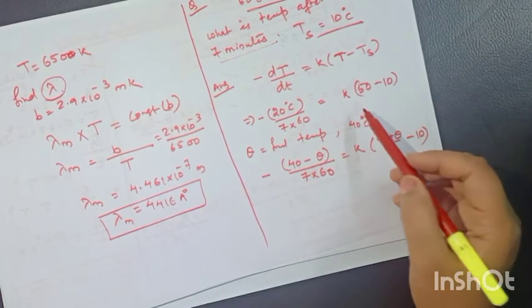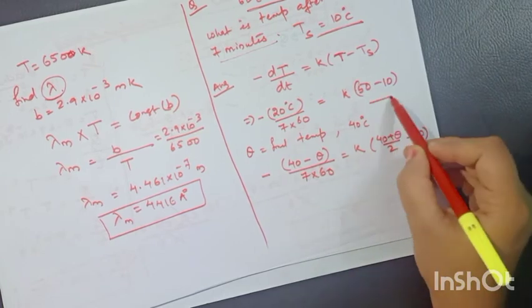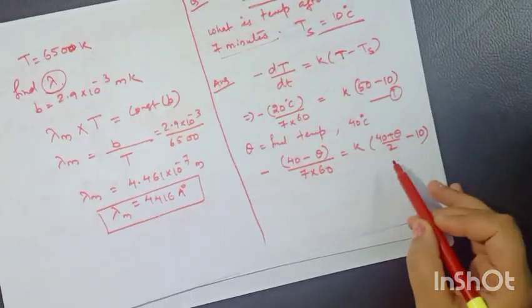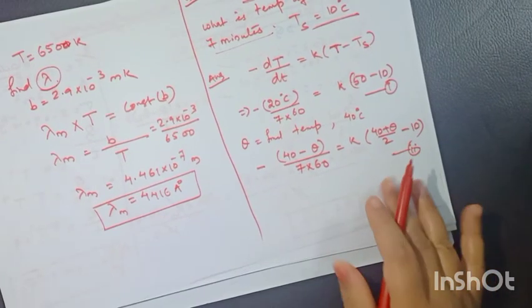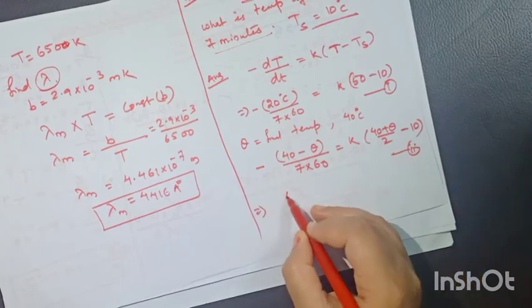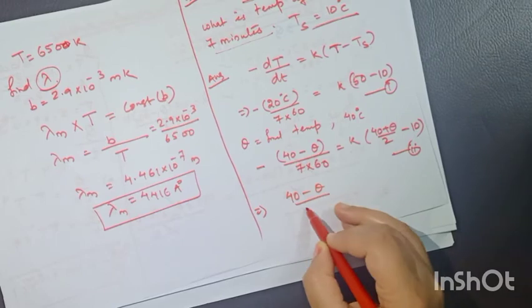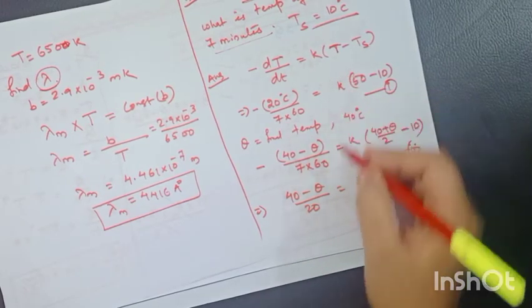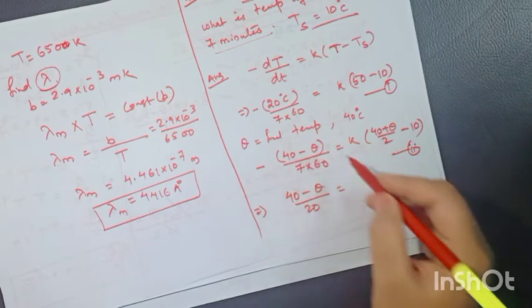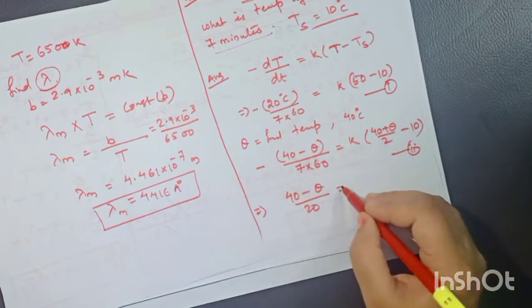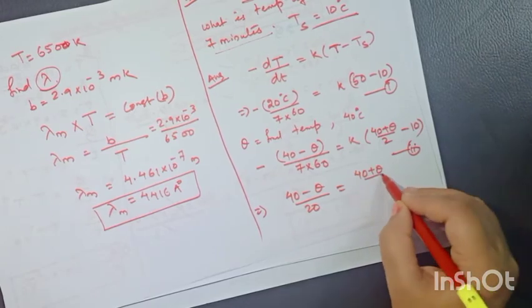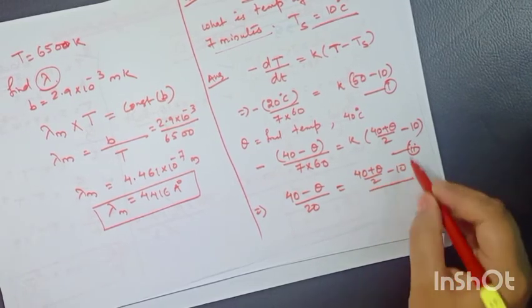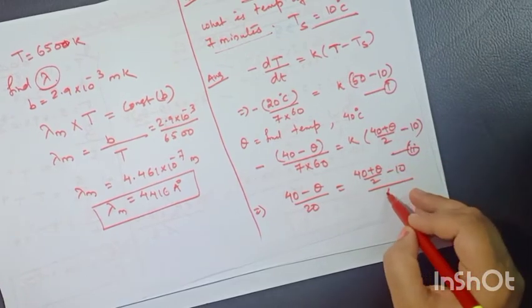So if we divide both the equations, equation number 1 and equation number 2, we will get many things cancelled. We will get 40 minus theta by 20 is equal to, K gets cancelled, 7 into 60 gets cancelled, we will have 40 plus theta by 2 minus 10 divided by 50 minus 10, which is 40.